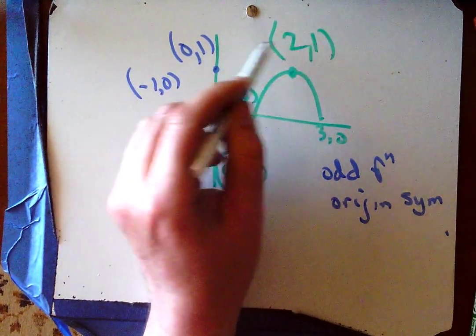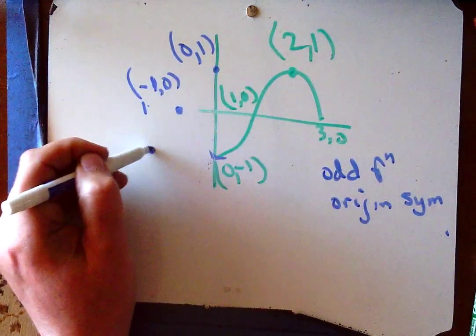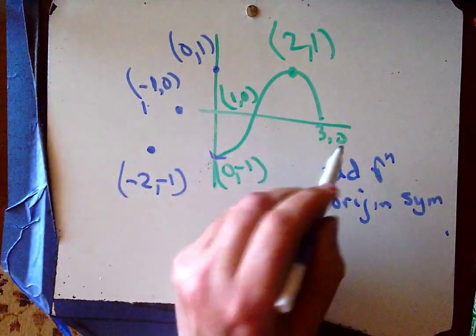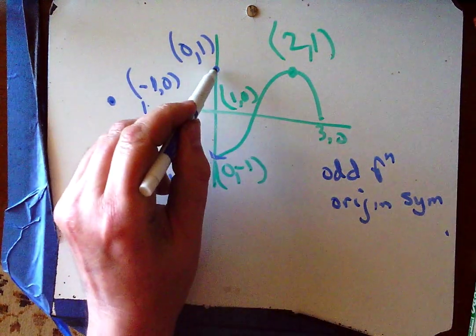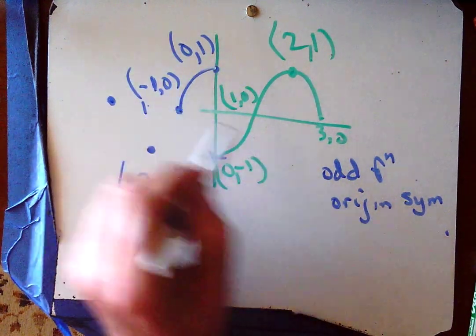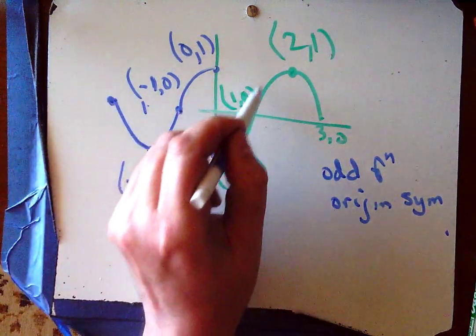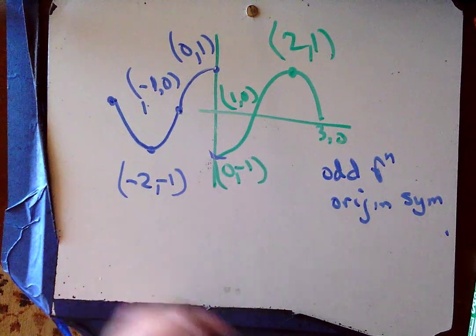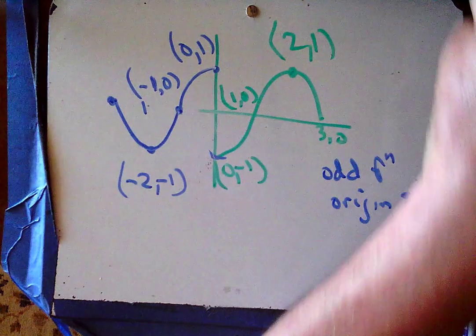This point, when I change both signs, is negative 2, negative 1. And this one, I change both signs and I end up with negative 3. So, concave down because this is concave up, and then concave up because this is concave down. And there I have my odd function with its origin symmetry, okay?